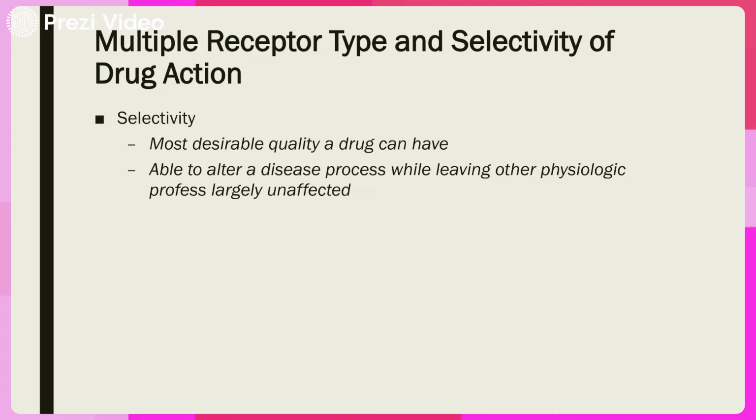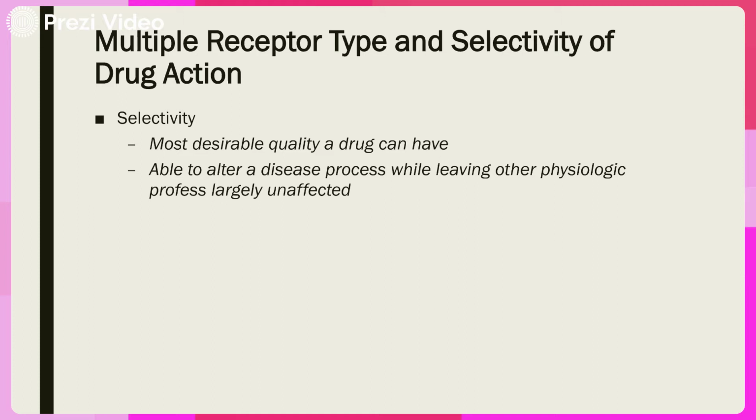One really important thing that you need to understand is selectivity. I touched on this in chapter 2 of our unit 1. In a perfect world, we want drugs to have selectivity, meaning we want them to target just the cells that we want them to target and not other cells.